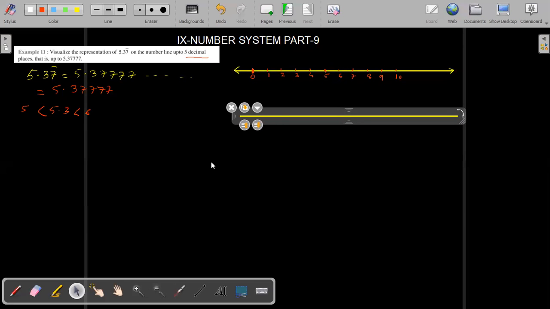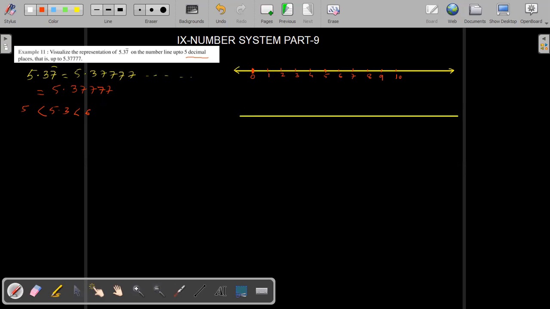So again we have to draw one line which is divided into 10 parts. We will make another line, same 10 parts from the starting point. So 5 and 6.